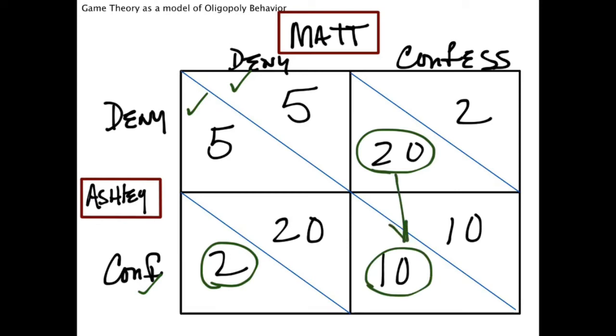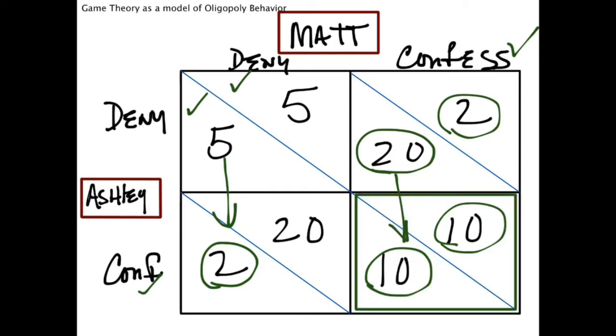And so clearly, Ashley's going to want to confess. Likewise, Matt will do the same thing, because Matt will either get 2 years or 10 years. So ultimately they will both confess, and we'll end up in a situation right here.